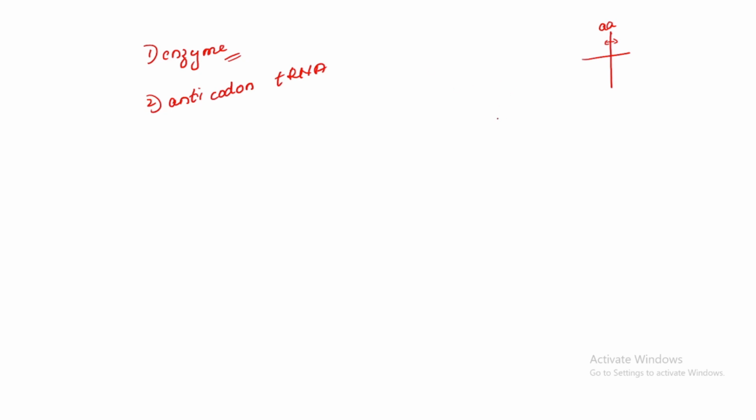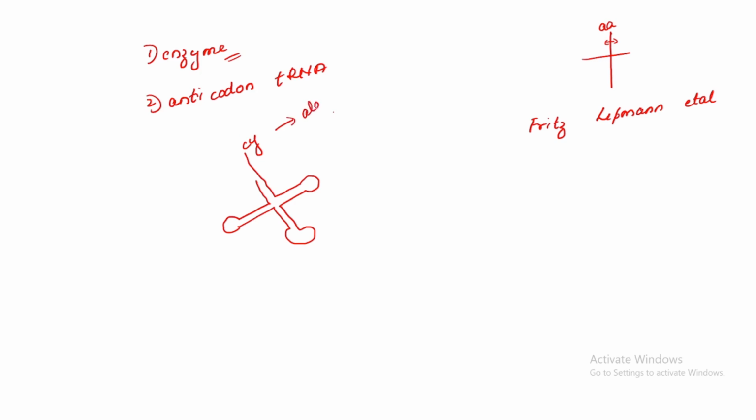For that, a scientist named Fritz Lippmann and his associates performed one experiment. He prepared a tRNA that is carrying cysteine. After this tRNA was charged with cysteine, the scientists altered this cysteine to another amino acid, alanine.